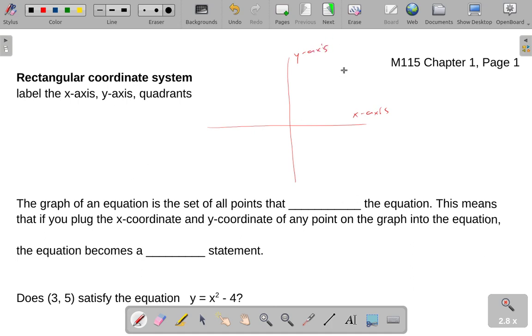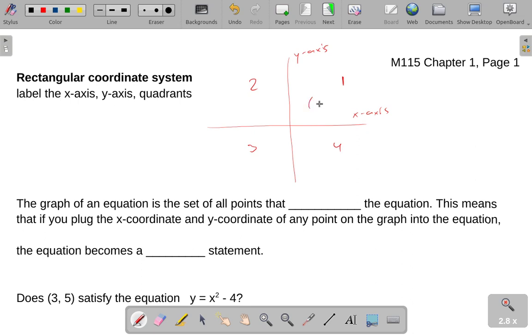The x-coordinate being positive is going to be to the right, x-coordinate being negative is going to be left, y-coordinate being positive is going to be up, and y-coordinate being negative is going to be down. So if we're talking about the four quadrants, this is the first quadrant, and then we go in a counterclockwise direction. So 1, 2, 3, 4, like that.